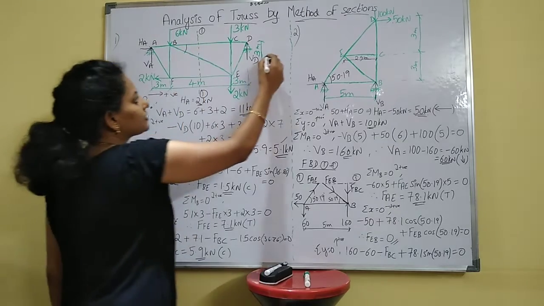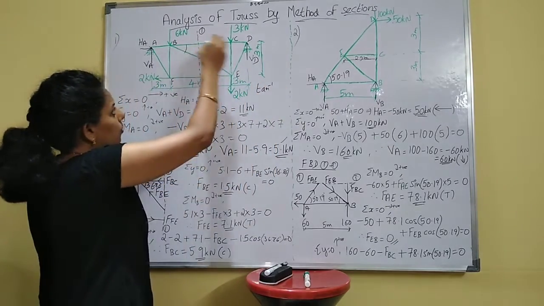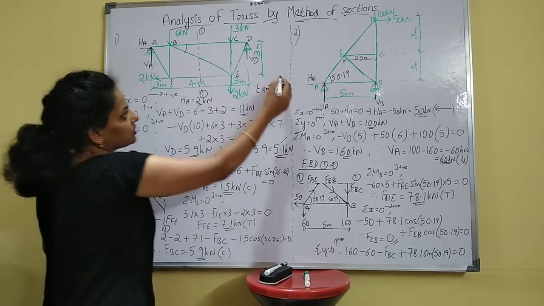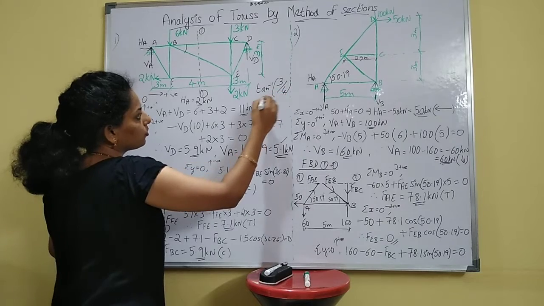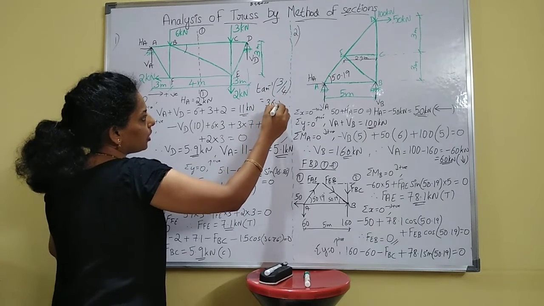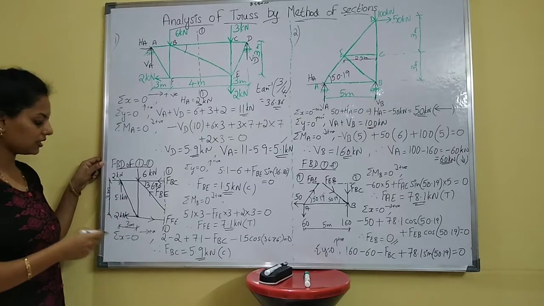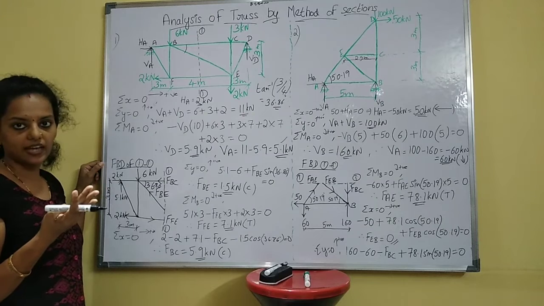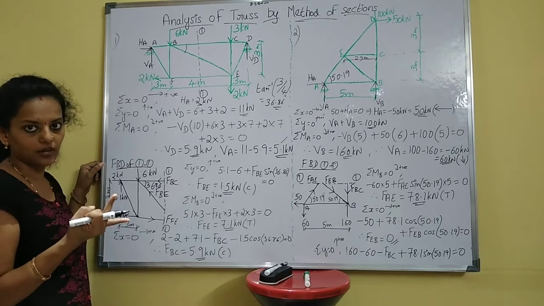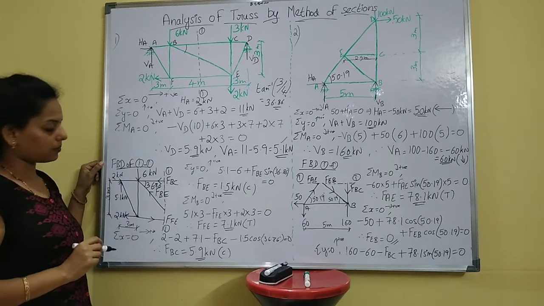This angle is nothing but tan inverse of opposite by adjacent, opposite is 3, this is 4, 3 by 4, you have 36.86 degree. Okay, just mark it. Now using the equilibrium equations, that is summation x, horizontal force, vertical force, and moment at any point, you will get all the 3 member forces.